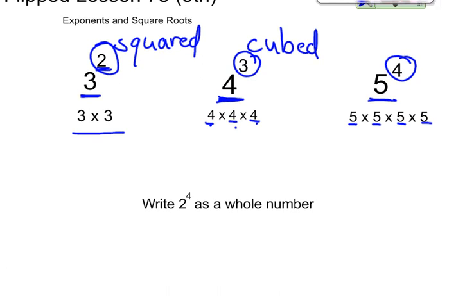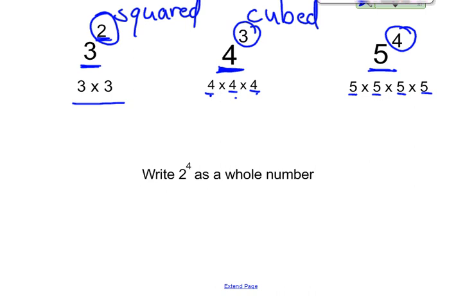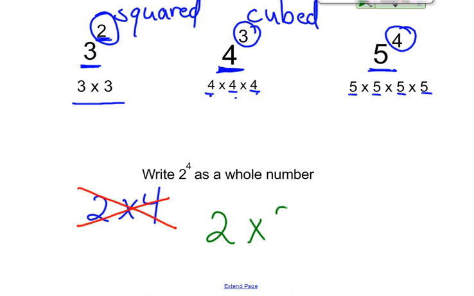Let's try our example here. It says, write 2 to the 4th power as a whole number. To do that, we need to break this down and understand what it says. It's not saying 2 times 4. That is incorrect. Instead, it is saying 2 times 2 times 2 times 2.